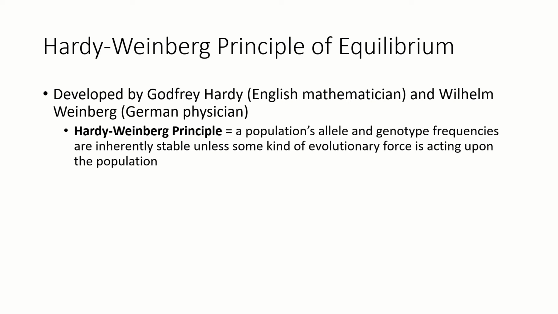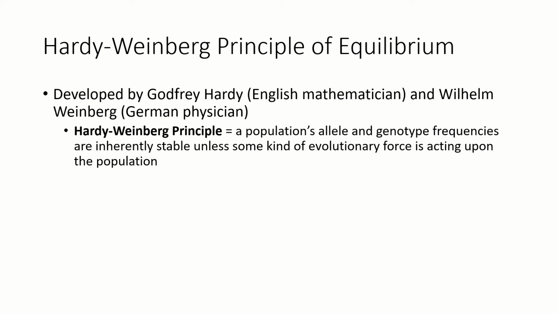All right, so how do we know whether evolution is happening? We can thank Godfrey Hardy and Wilhelm Weinberg for figuring out a mathematical theoretical framework for figuring out whether evolution is happening and what would make evolution happen.